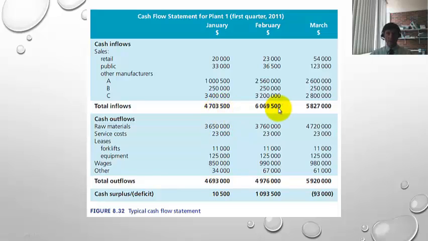In February we had a much better month. Inflows was 6 million, take away close to 5 million, and we're left with about 1. So that was a good month, and you can analyse why, and it's essentially we got lots more money from manufacturer A. Going on to March, we had a similar amount of inflows, but we had a big increase in outflows, and that was due to lots of raw materials that we purchased.